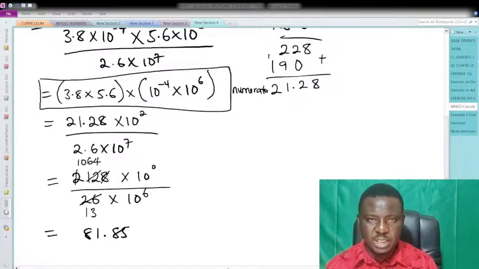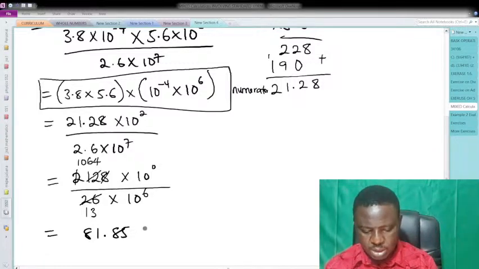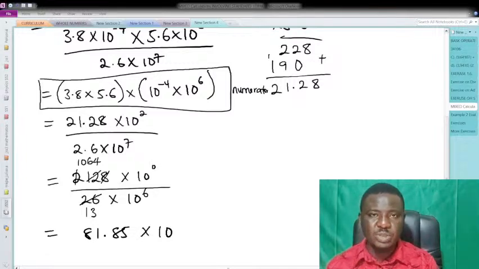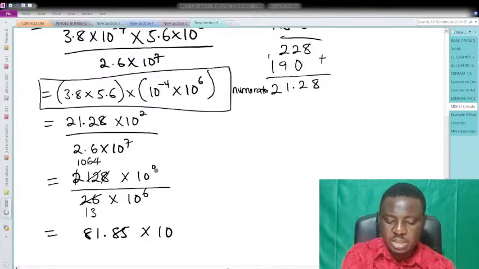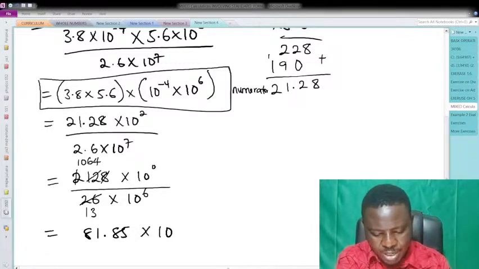I'm approximating it to 2 decimal places, times 10 to the power of 0 minus 6. Remember, we said when it is division, you subtract the powers. So it is 0 minus 6, and that gives us minus 6.